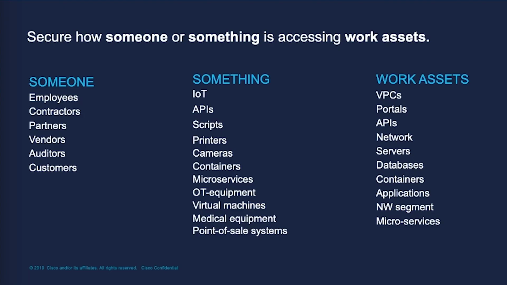At the most basic level, you need to be able to secure how someone, any type of user, or something, any type of device, which could include your endpoints, your operational technology, your manufacturing equipment, is accessing your work assets, like your workloads, servers, or containers, and how all of this is affecting your cloud infrastructure.